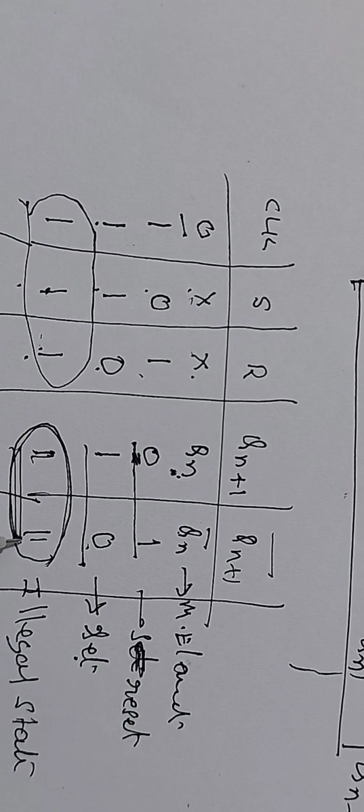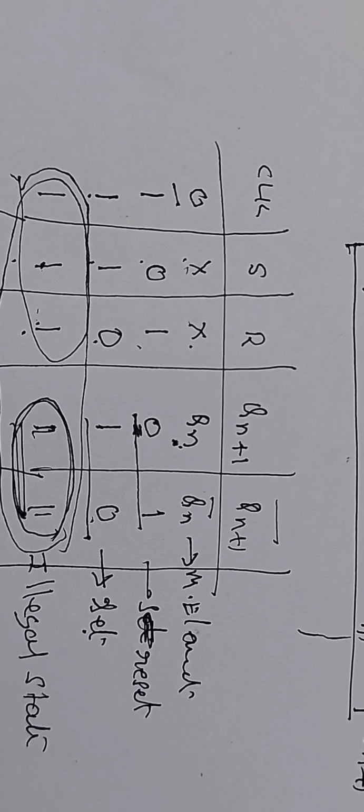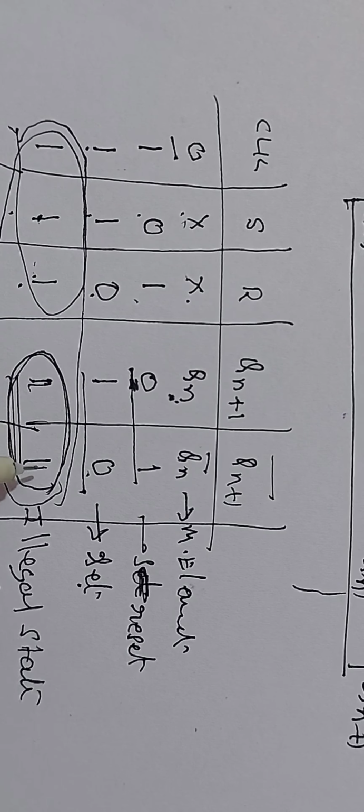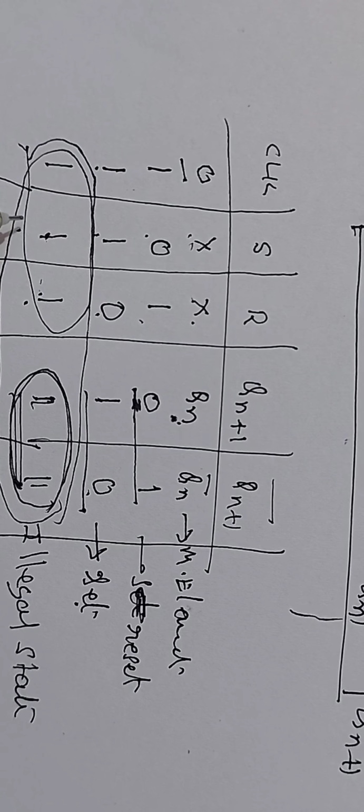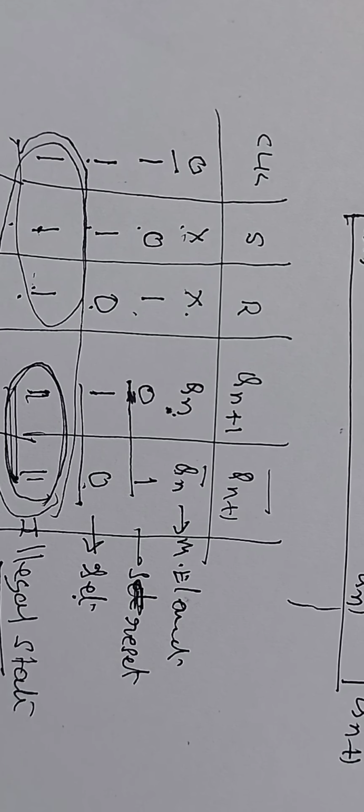This is an illegal condition. Therefore, the fourth condition of the clocked SR flip-flop, when S equals 1 and R equals 1, gives an illegal state. This illegal state is changed to a legal state.